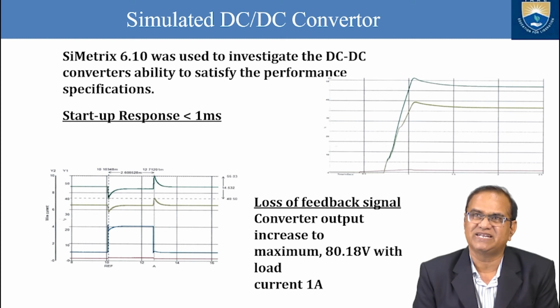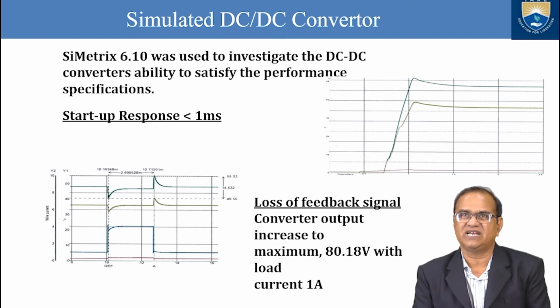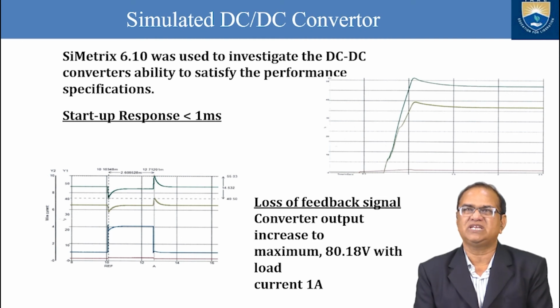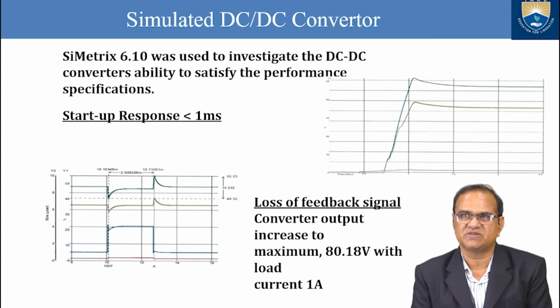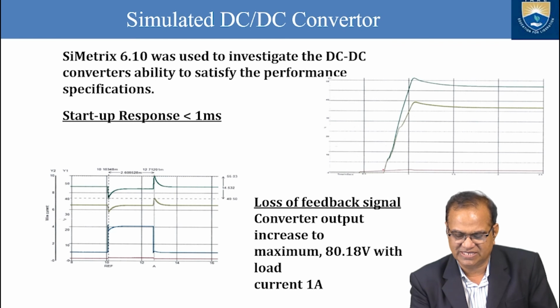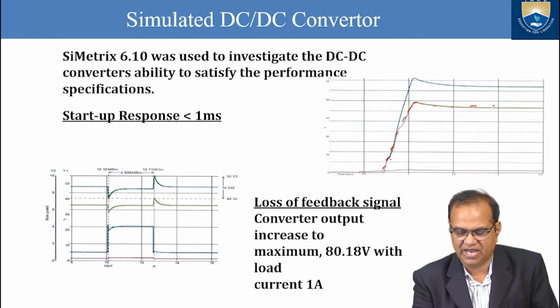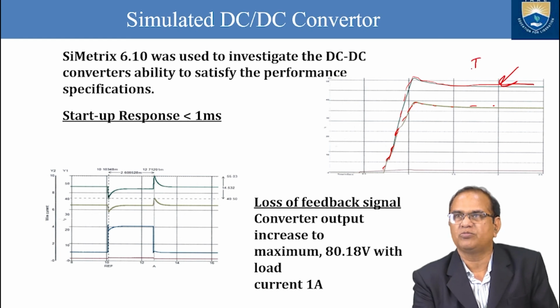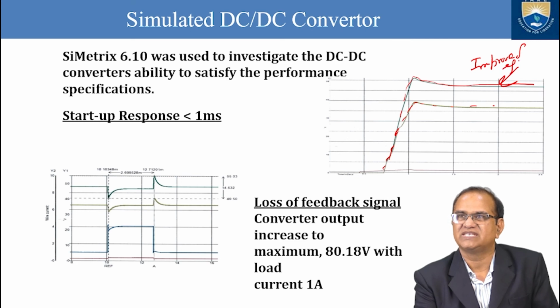Now the simulated DC-DC converter, its results and all, it is simulated by Simetrix 6.10, which was used to investigate the DC-DC converter's ability to satisfy the performance specification. Startup response is 1 millisecond, and you can see how these things are going, and it is improved by this new system. This is the improved efficiency.